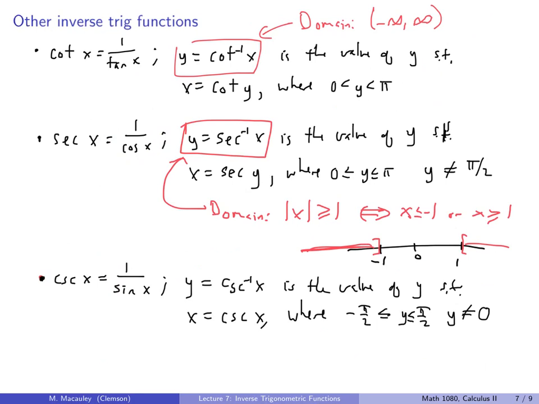So once again, the domain for this is going to be the same as the previous one.